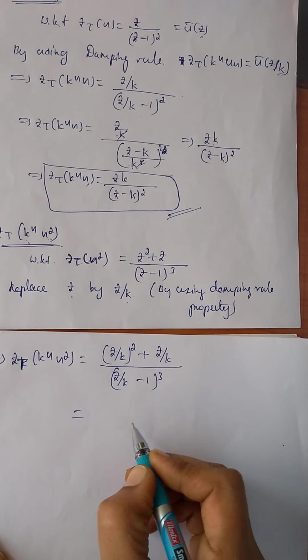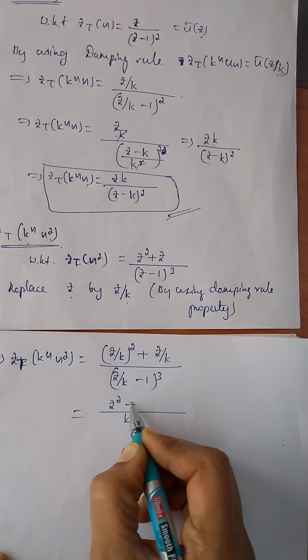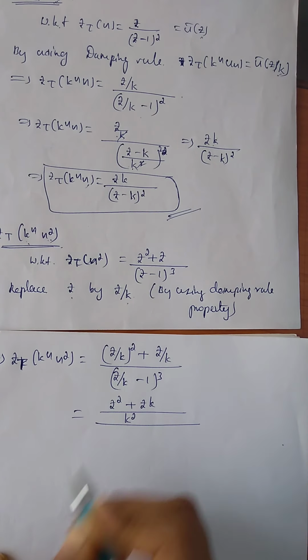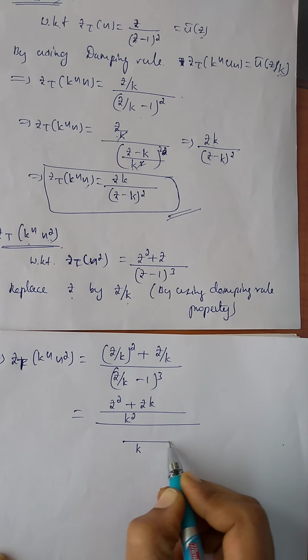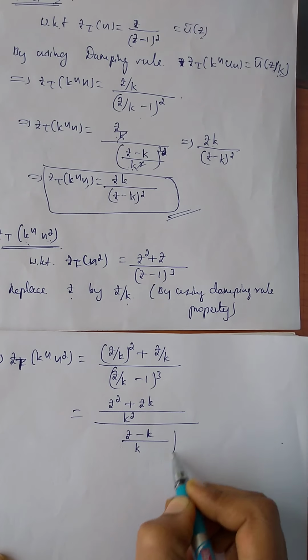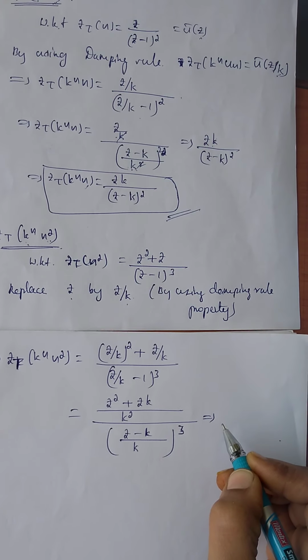In the numerator we can take k square as LCM, remaining is z square. The second term, if we take k square as LCM, remaining is z into k. In the denominator we can take k as LCM, remaining is z minus k whole cube. Simplify this.